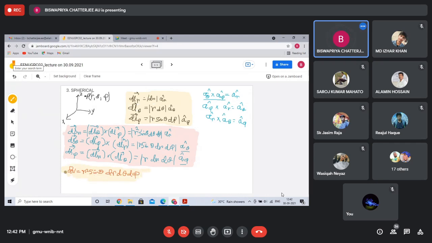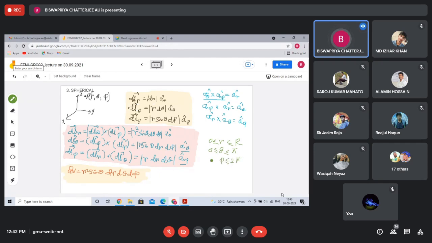So now please give me the result. If I give you the range, r is varying from 0 to capital R, theta is varying from 0 to pi, and phi is varying from 0 to 2 pi.